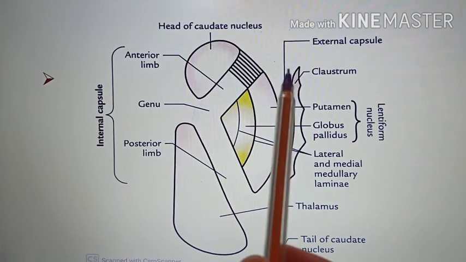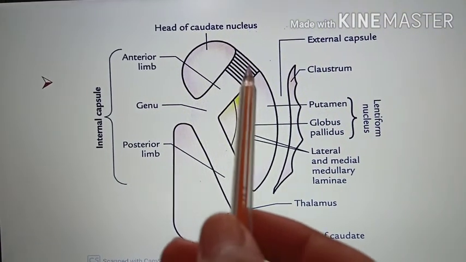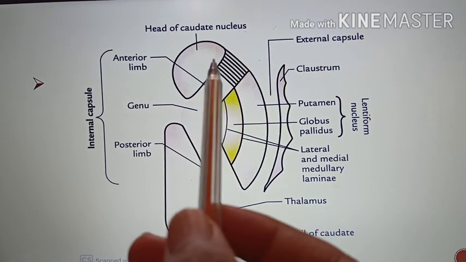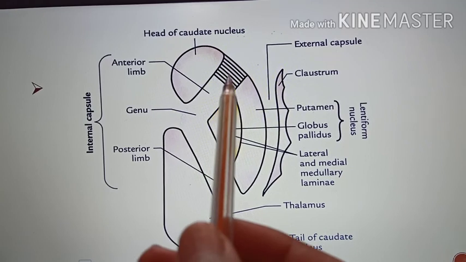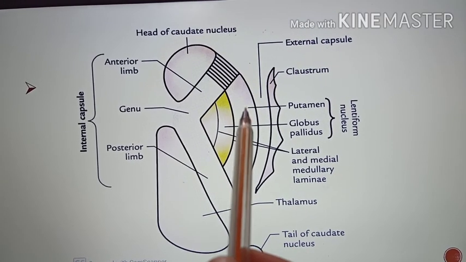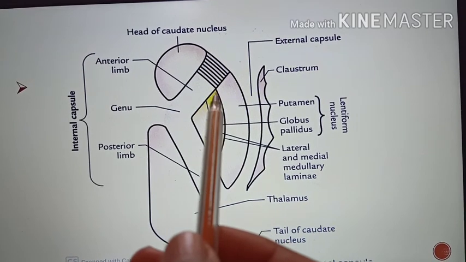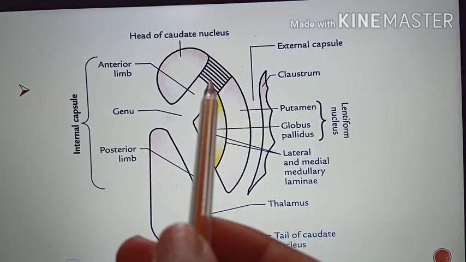In this picture, you can see the bands of grey matter which connect the head of caudate nucleus to the putamen, across the anterior limb of internal capsule. The caudate nucleus and the putamen are connected with each other by the band of grey matter.